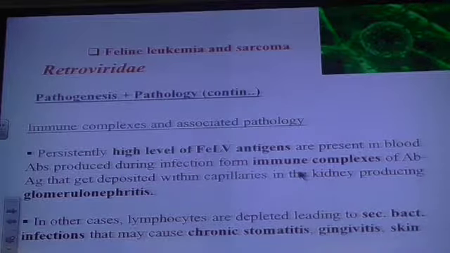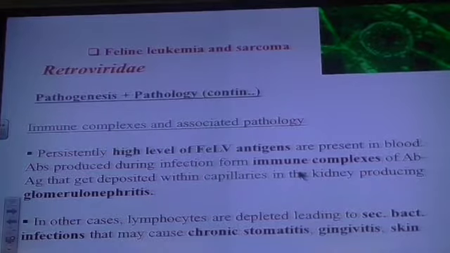Now we heard about, probably in physiology, about immune complexes. What happens when you have immune complexes? When you have a large number of immune complexes, they precipitate in the kidney. This is one organ which is targeted by immune complexes. Basically, the glomeruli are targeted, and as a result of this, you have inflammation in the kidney, which is called glomerulonephritis. So glomerulonephritis is associated with FeLV as one feature as a result of formation of immune complexes.